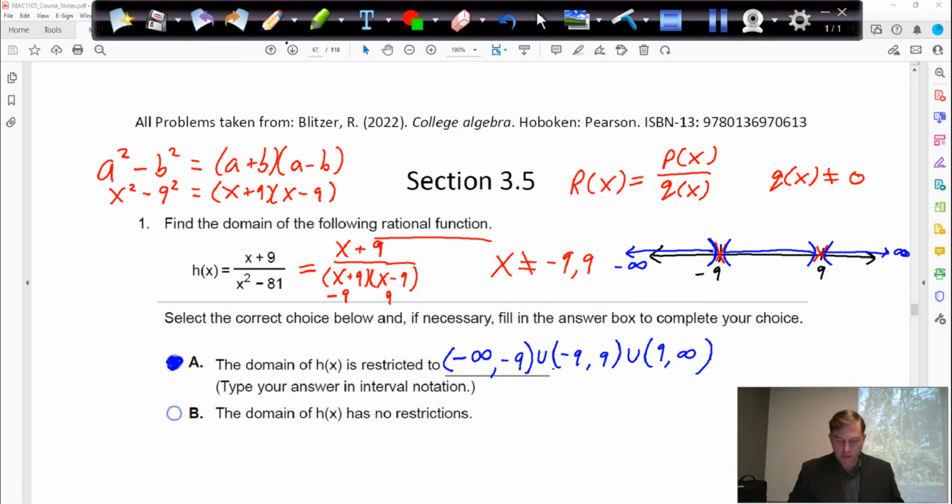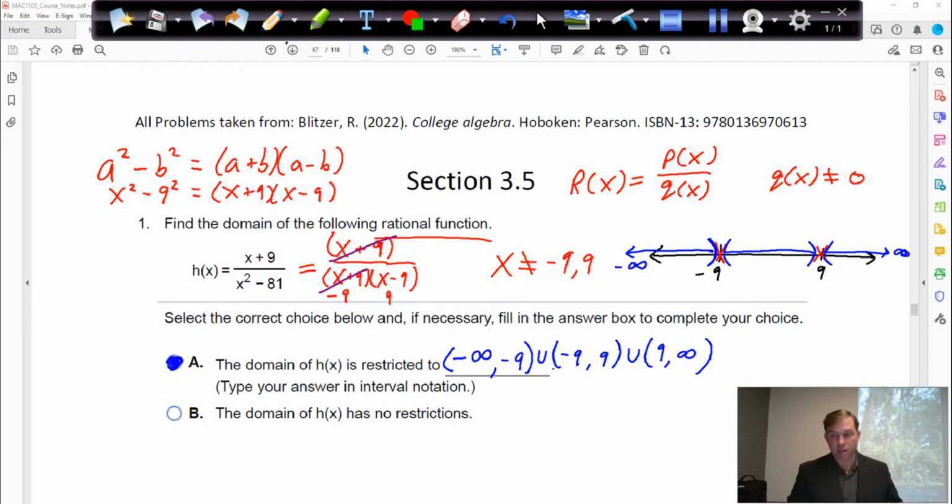Now there is an interesting aspect to this problem. Let's look back at this factored version. So let me put parentheses on this top. You can add parentheses to anything you want. And I did that just so you might notice, hey, I've got an x plus 9 on top and an x plus 9 on the bottom. Those will cancel. So when you're able to cancel these two bubbles, you still restrict it.